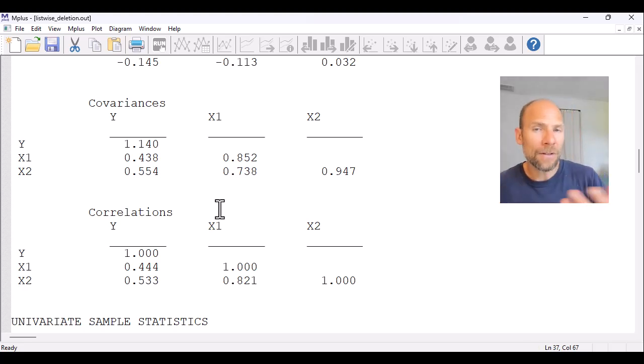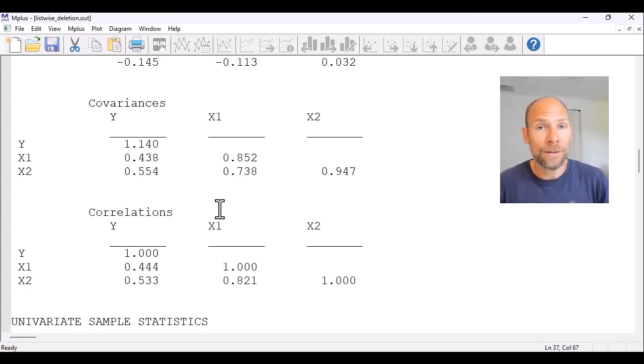So are there ever situations where you would use listwise deletion? Obviously, when you have a huge sample and there are only a few missing cases, and there's good reason to believe that the data are missing completely at random, then it may not make a difference, which is still not really a good argument to use listwise deletion. But in that case, it may not matter, and there may be some technical reasons why you may prefer to use complete cases.